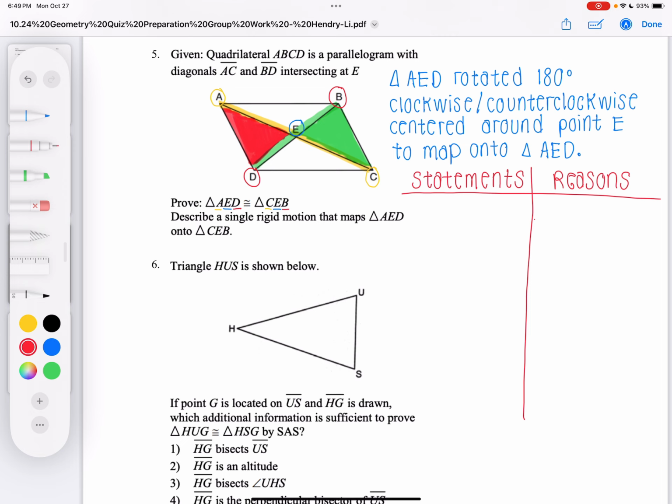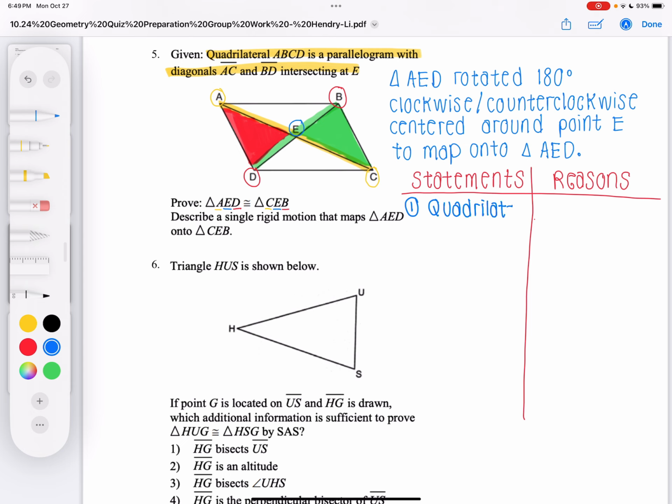And again, it says quadrilateral ABCD is a parallelogram with diagonals line segment AC and line segment BD intersecting at E. So this whole statement that is given, we need to then write it as our first statement, exactly as it was given to us. So let's transfer that over.